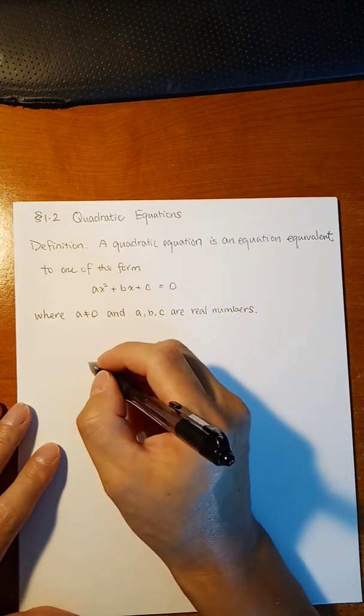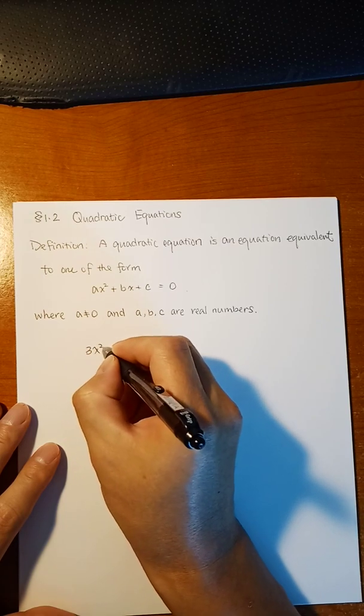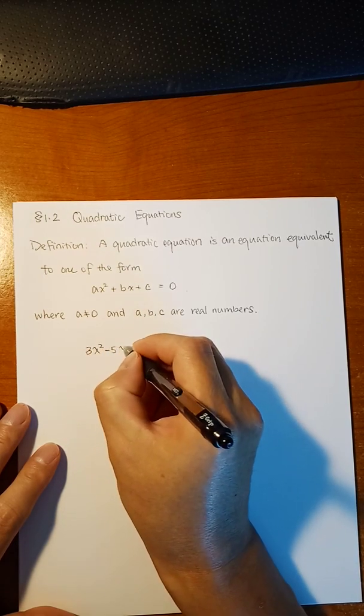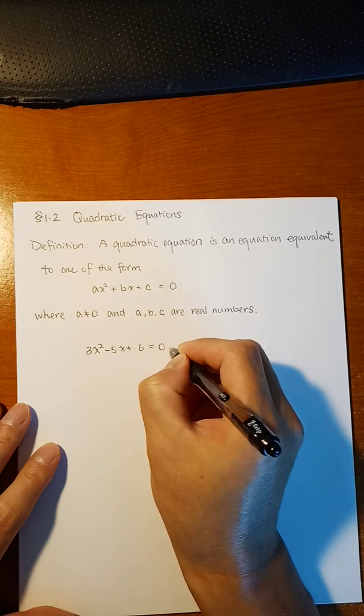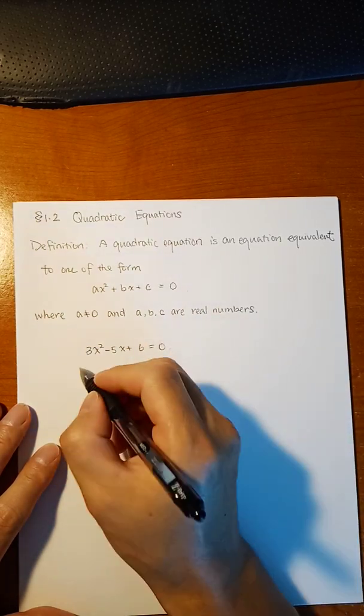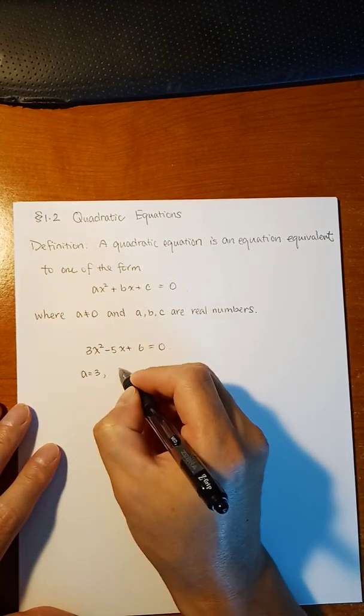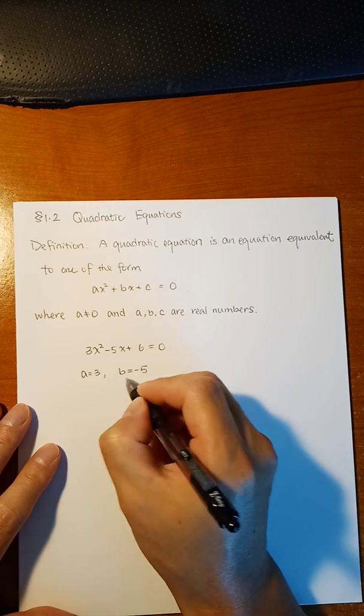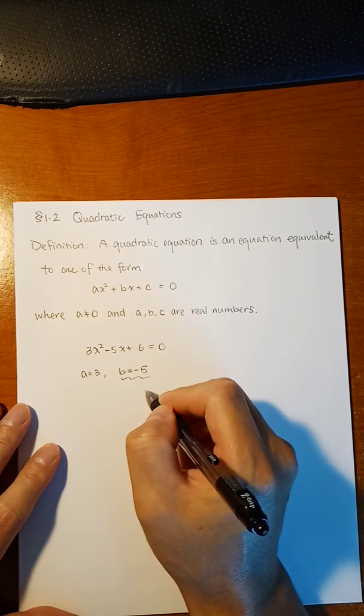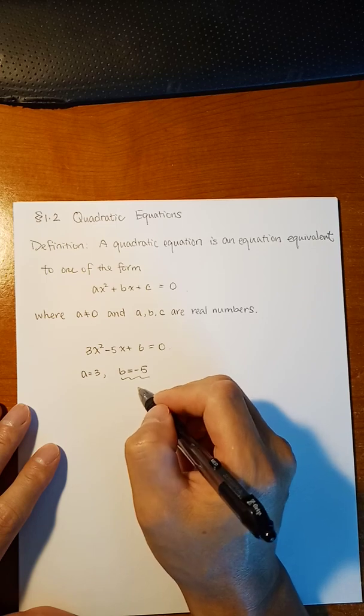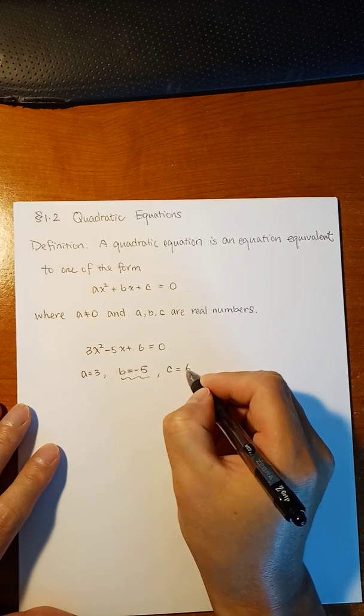So for example, if we have 3x squared minus 5x plus 6 equal to 0, then you should notice that a is equal to 3 and b, very important, is negative 5. A, b, c always include sign, and c is 6.